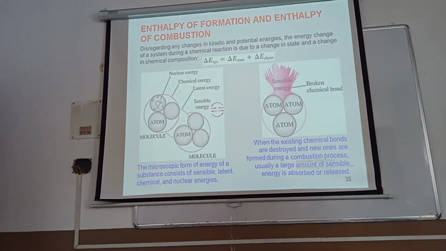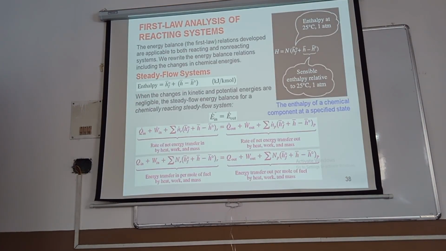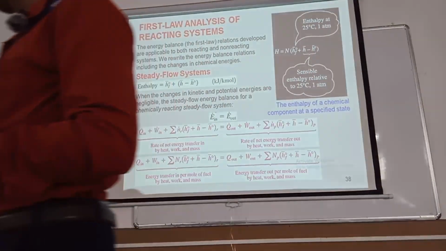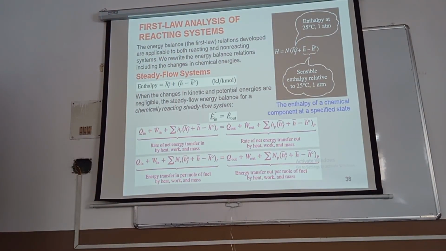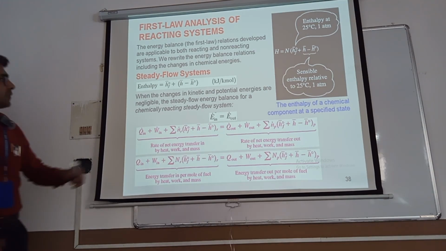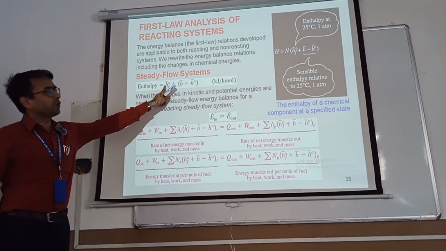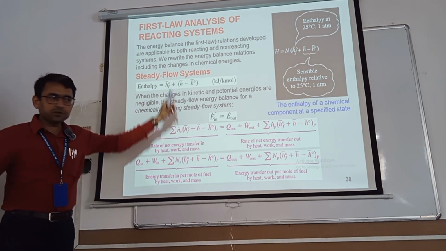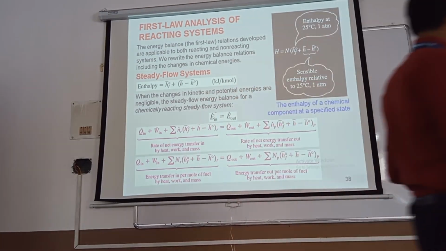Next, whenever we try to understand the enthalpy of a particular component of the reactants or the products, right? Try to understand the total enthalpy of any component. So how to understand?